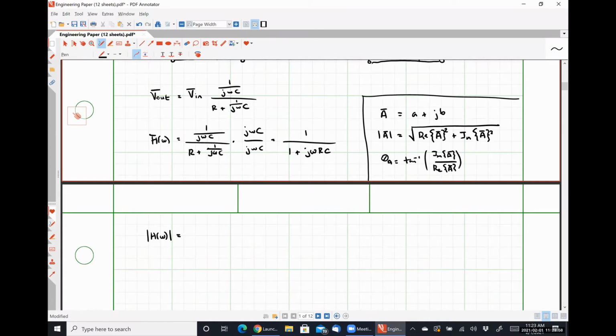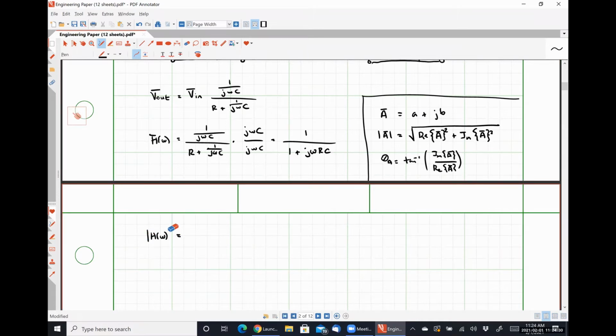So I can determine my frequency response and my phase response by expressing H of omega as a rectangular form complex number. Can we agree with that sentiment, right? So if I can figure out what the real part is and I can figure out what the imaginary part is, I can throw them into these two equations and I will immediately get my frequency response and my phase response.